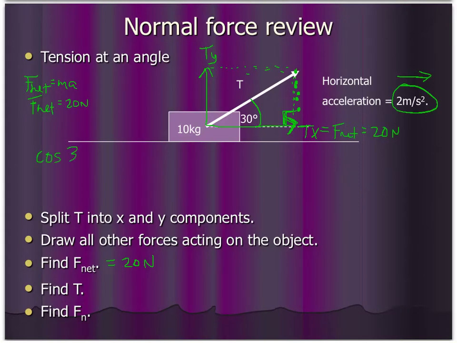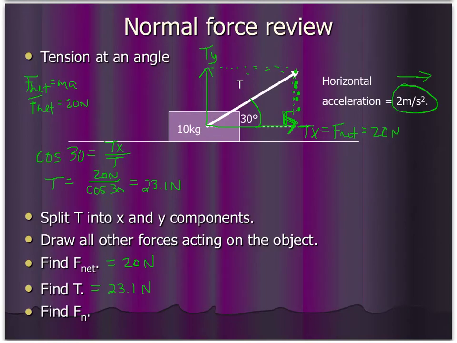Okay? So the cosine of 30 is equal to my adjacent over my hypotenuse. So when I rearrange, I get tension is equal to, I'll plug in that 20 newtons divided by the cosine of 30. And when you plug and chug this, you end up getting 23.1 newtons. Okay. So we've got 23.1 newtons of tension in that rope.